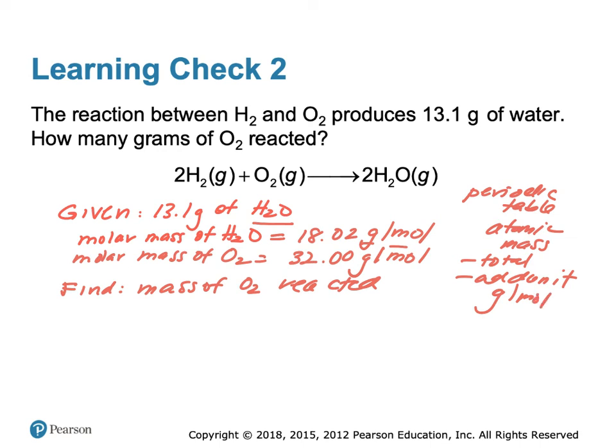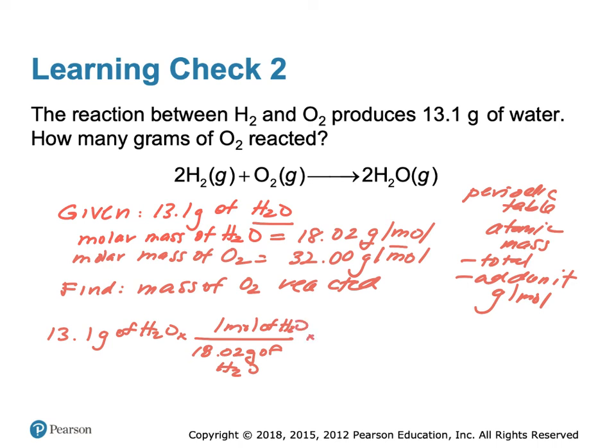All right, so let's set up the calculation. We have 13.1 grams of water times the molar mass of water. And again, if you put your labels in, you'll see how everything cancels.